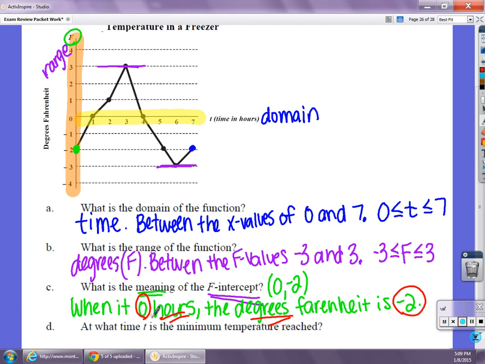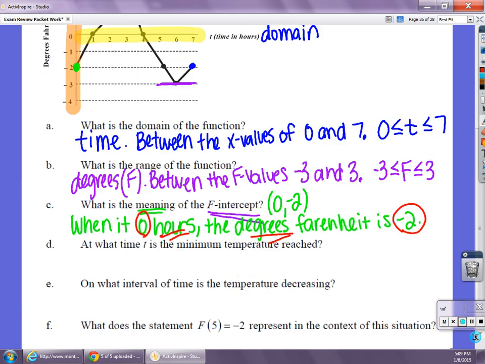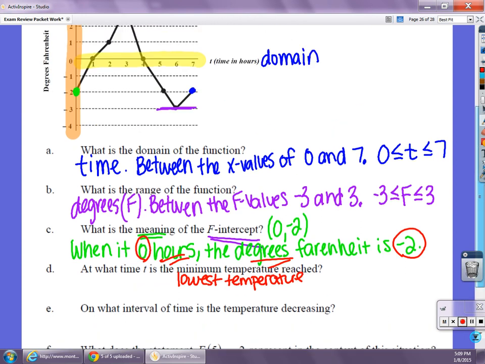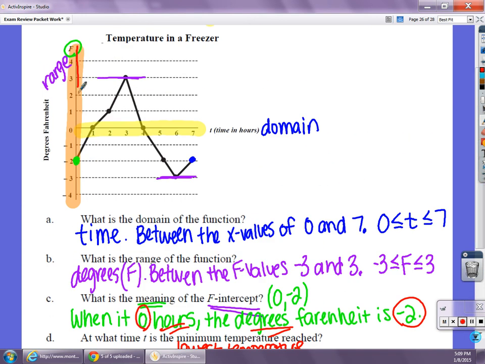Okay, at what time T is the minimum temperature reached? So we're dealing with the minimum value or the lowest temperature. Let's look on our graph. If these are our temperature values here, the lowest temperature that we're going to encounter is right here. There's our minimum point, and that's going to be when F is equal to -3.